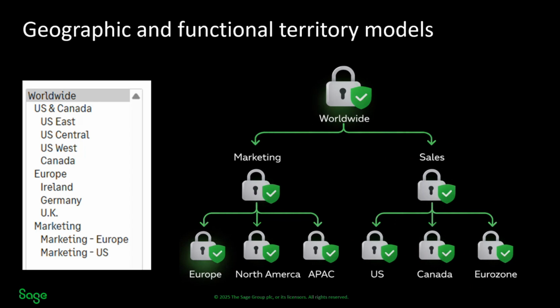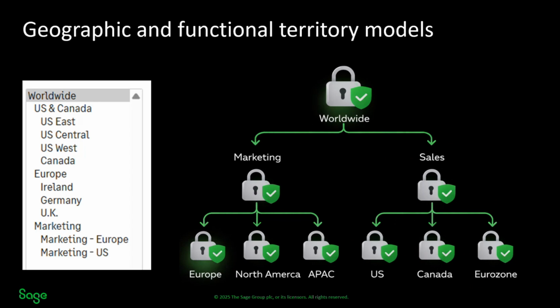The idea that you might have worldwide, and underneath worldwide, you might have US and Canada, US East, US West, but they can actually be also functional. So you could have a sales territory, a marketing territory, or a support territory.